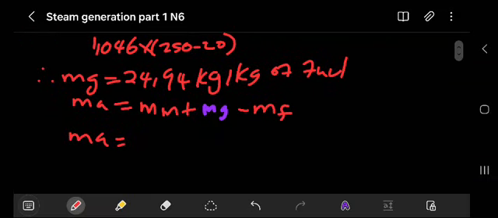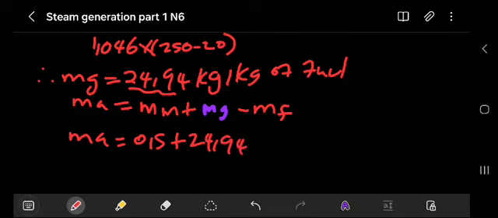We have 0.5 plus the mass of gas, which is 24.94, minus the mass of the fuel. The mass of the fuel now is 0.94.